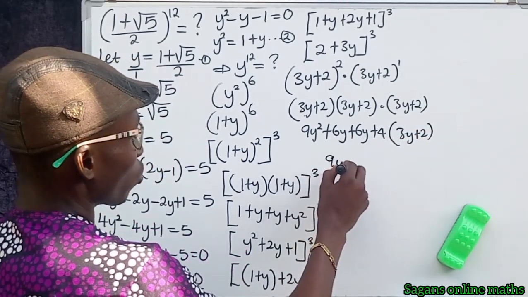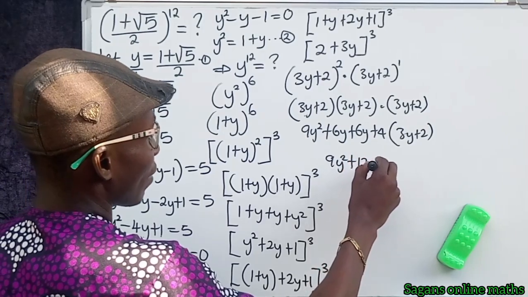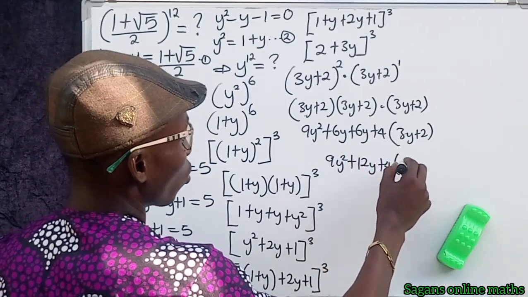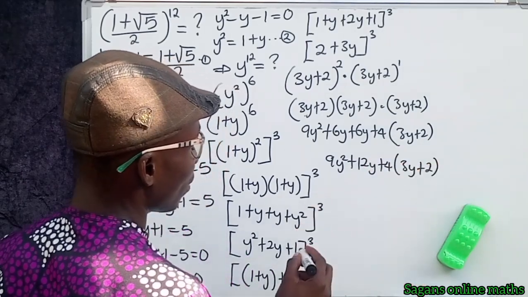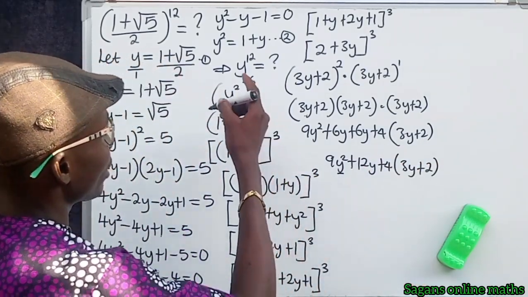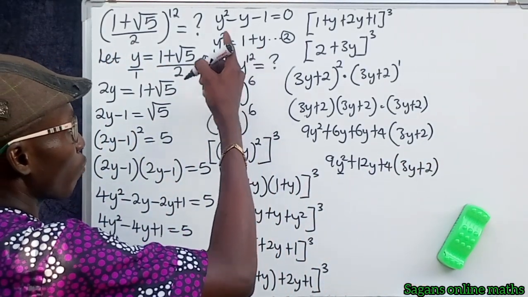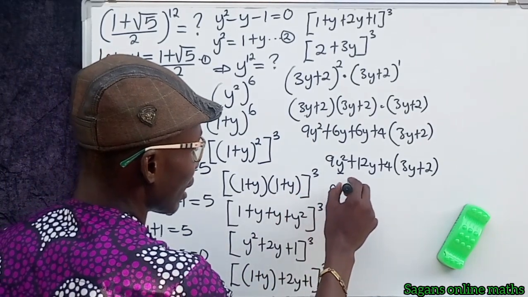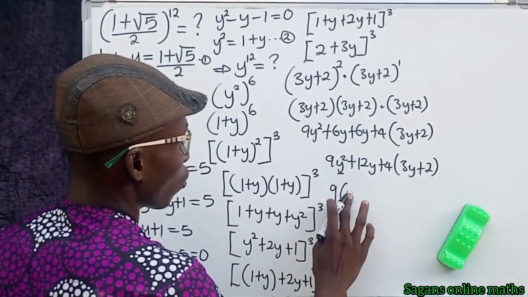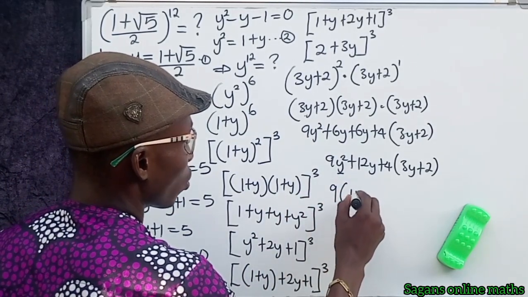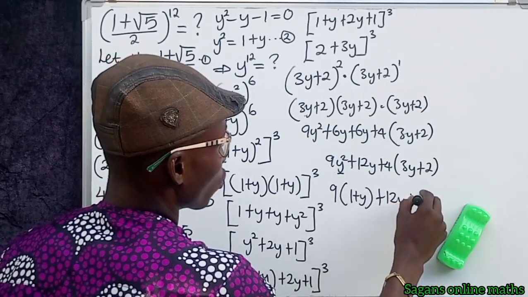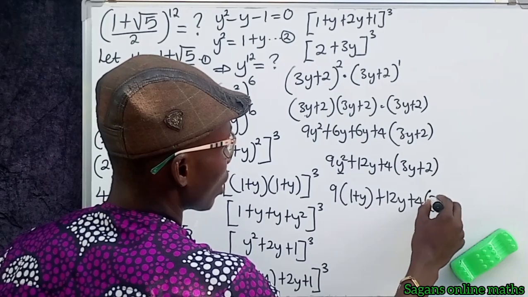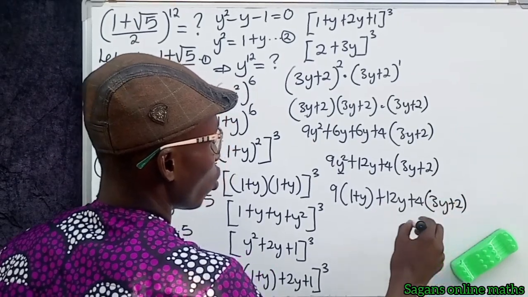So it means that 9y squared plus 12y plus 4, into (3y + 2), okay? Remember that this y squared you are seeing represents 1 plus y from equation 2. So this is 9 into (1 + y), then plus 12y plus 4, then into (3y + 2).